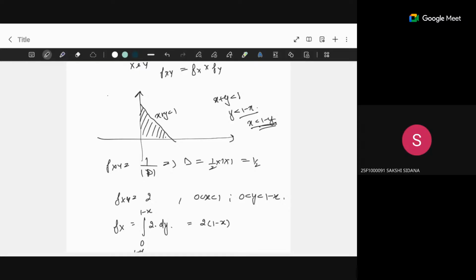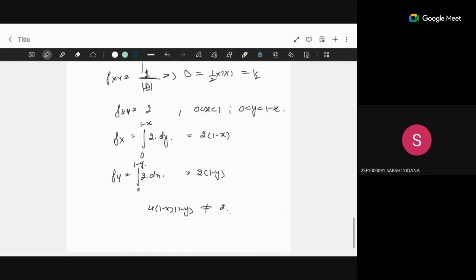By applying the area of the triangle. 1 upon mod of D, correct? And D is the area of this figure, right? Okay, ma'am. Got it.